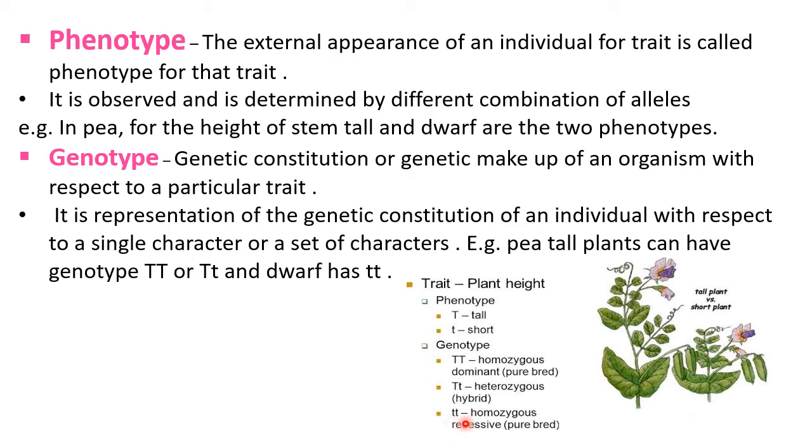So it is a homozygous pure dwarf plant, and it is one of the recessive characters. So phenotype means the external appearance of an organism or an individual, while genotype is the genetic makeup or genetic constitution of an organism for a particular character.